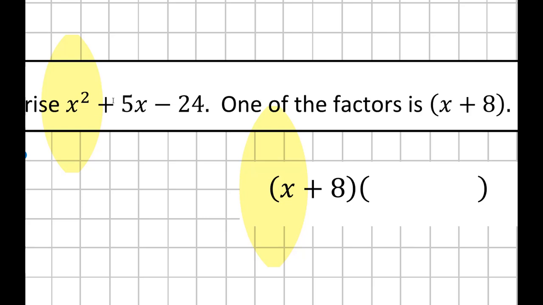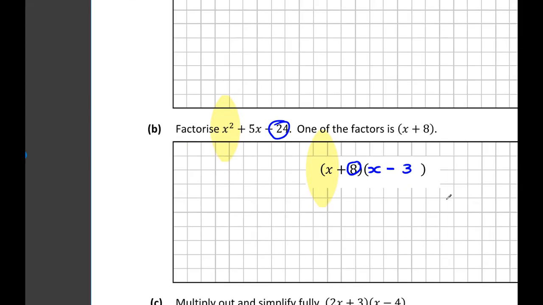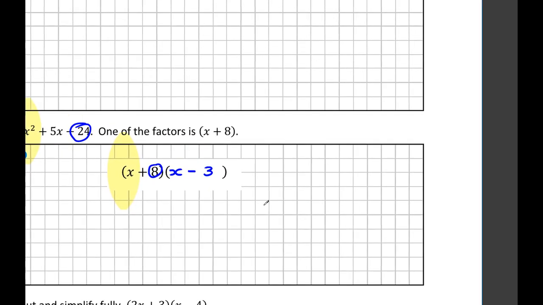What do you multiply x by to get x squared? Well, the answer is x. And then the last thing, we have an 8 here and we have a minus 24. What do you multiply 8 by to get minus 24? Well, what do you multiply 8 by to get 24? 3. So to get minus 24, minus 3. Boom. That's our answer. X minus 3.